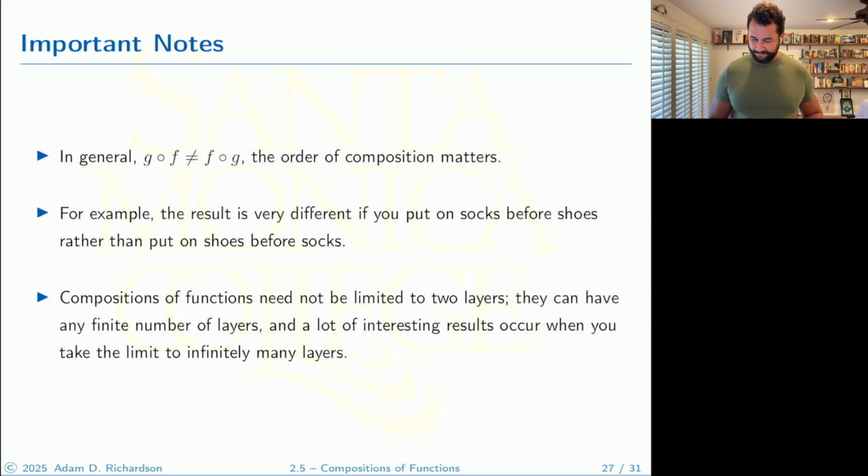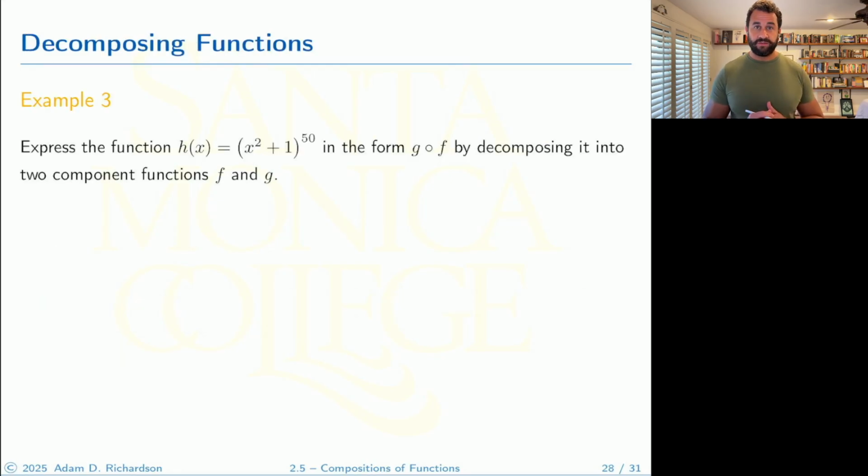Okay, now we've got to talk about decomposing functions. So this is a little bit easier. You just have to know what to look for. We're going to take this function, and I want you to try this one on your own. Take this function h of x, and I want you to express it in the form of a composition by decomposing it into two component functions, f and g.